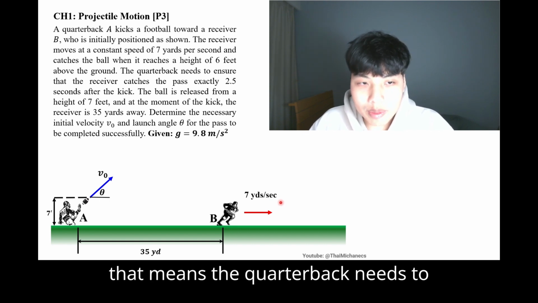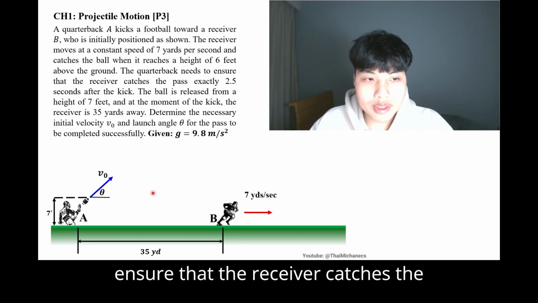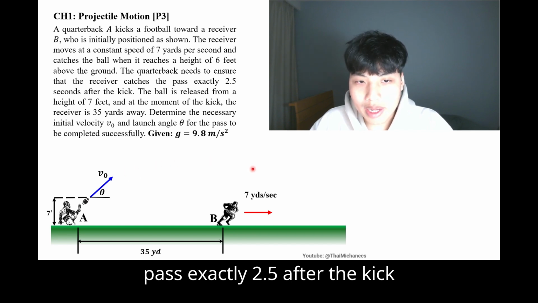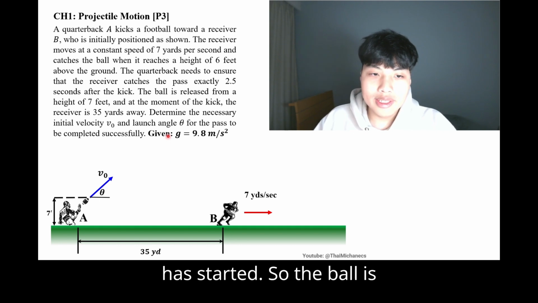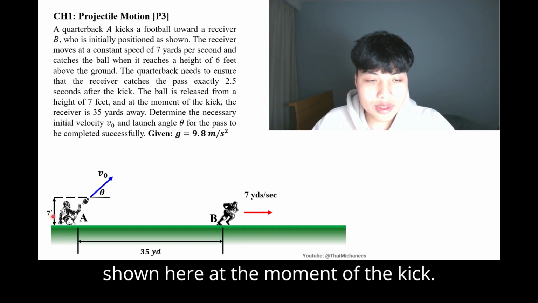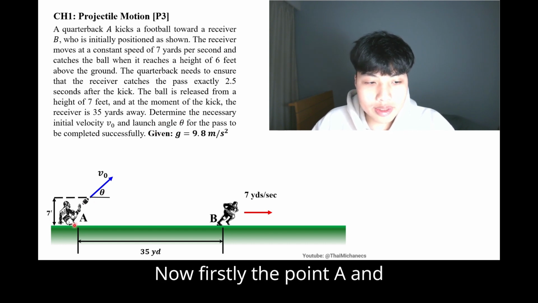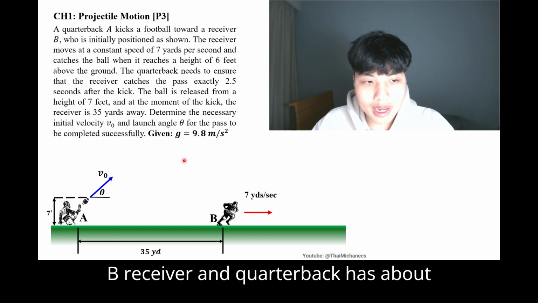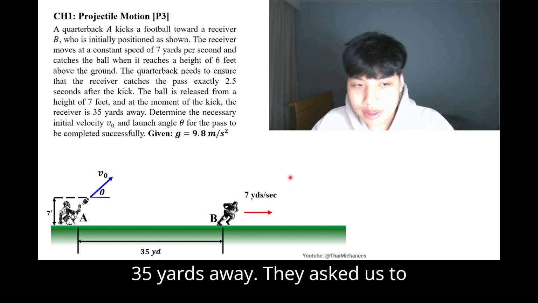The quarterback needs to ensure that the receiver catches the pass exactly 2.5 seconds after the kick has started. The ball is released from a height of around 7 feet, shown here at the moment of the kick. Points A and B, receiver and quarterback, are about 35 yards apart.